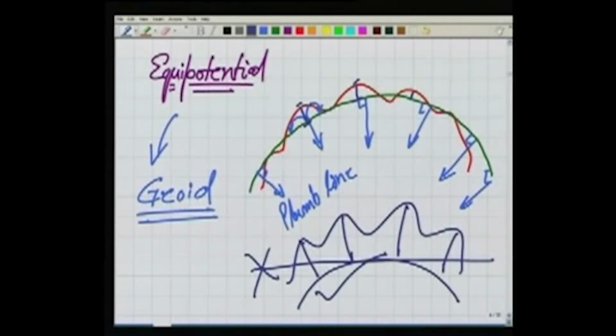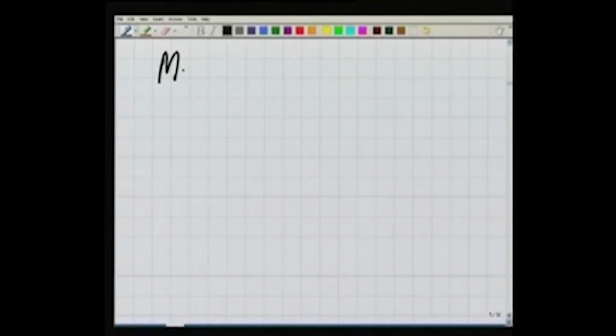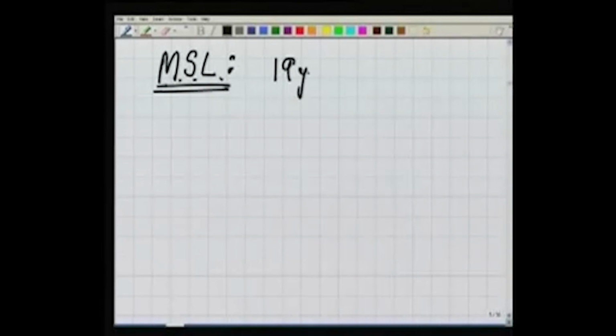Not from a horizontal surface, but yes, from the geoid. Now how can we establish the geoid? To establish this geoid or this datum, it is realized by mean sea level, because we know the water surface is also equipotential. So the mean sea level means the sea level has been observed for a period of 19 years for all its variations.